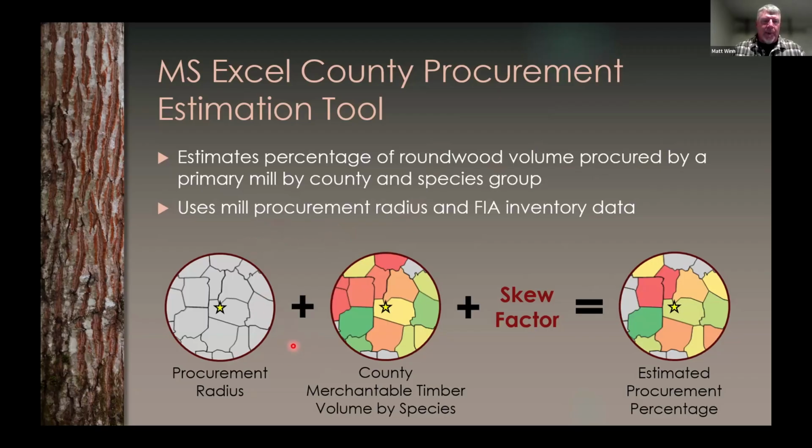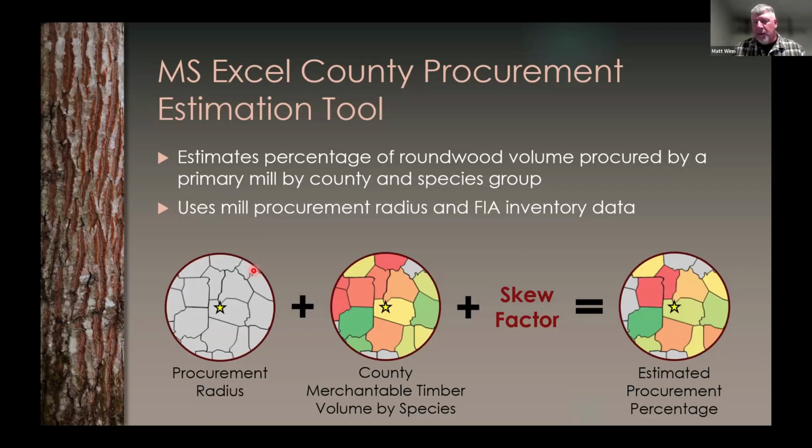So based on the provided procurement radius, it will pick all of the counties that fall within that procurement radius. It uses county centroids. So if the weighted center of that county falls within the procurement radius, it selects that county. After that, for all the counties that were selected, it pulls in the total merchantable timber volume by species for that county.